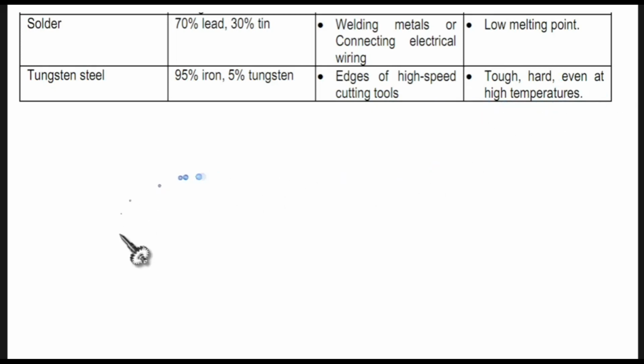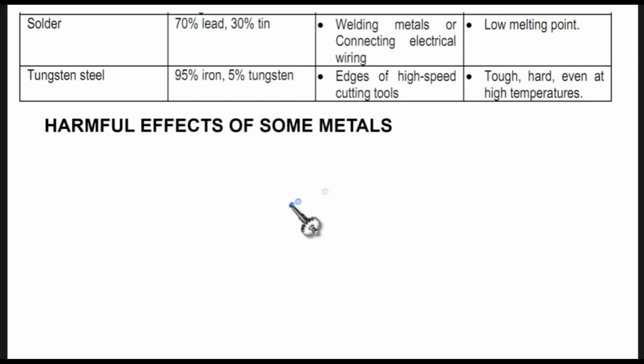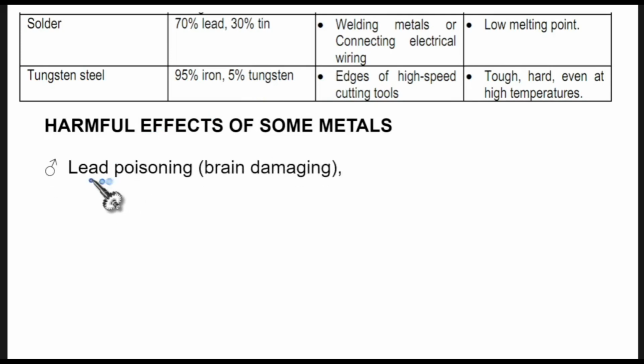All right, so now let's look at the harmful effects of metals. Even if metals have these advantages and uses, we have metals like lead. We have lead poisoning, which causes brain damage.